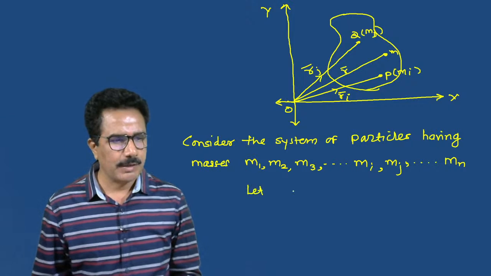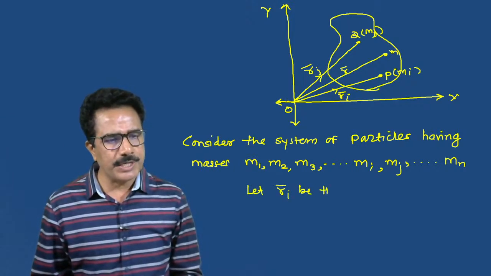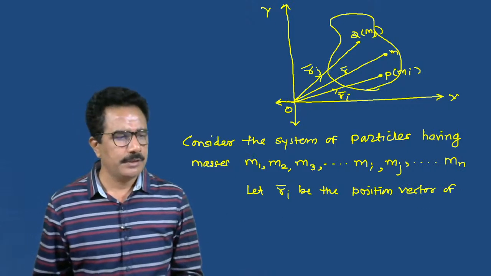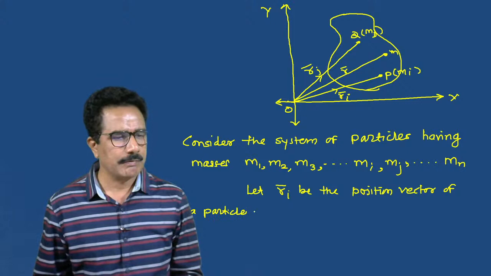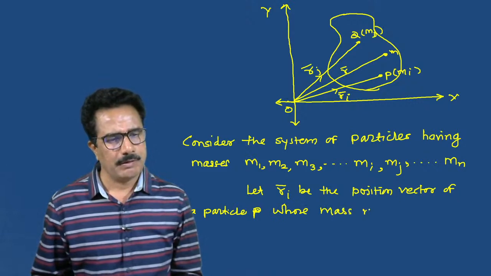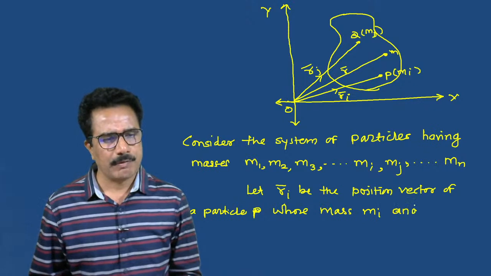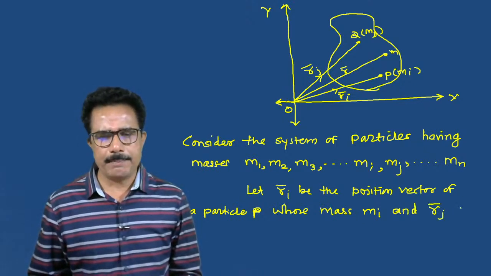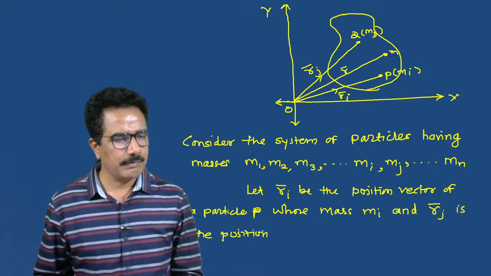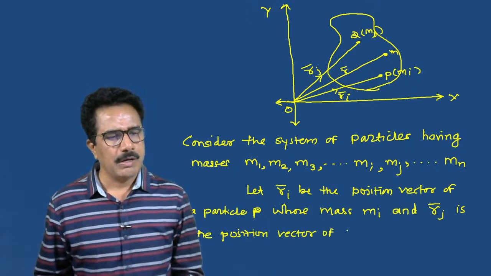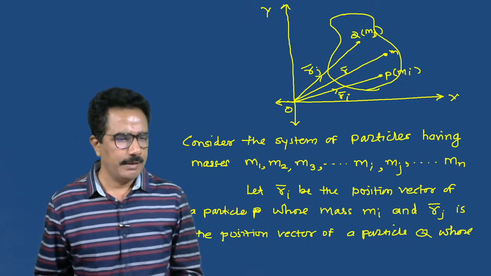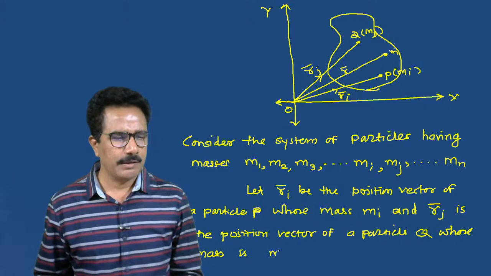Let Ri bar be the position vector of a particle P whose mass is mi, and Rj bar is the position vector of a particle Q whose mass is mj.